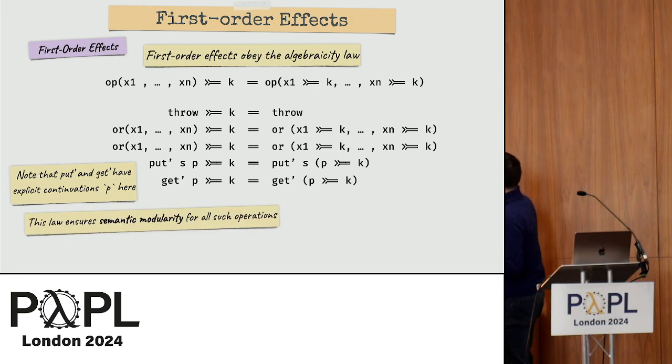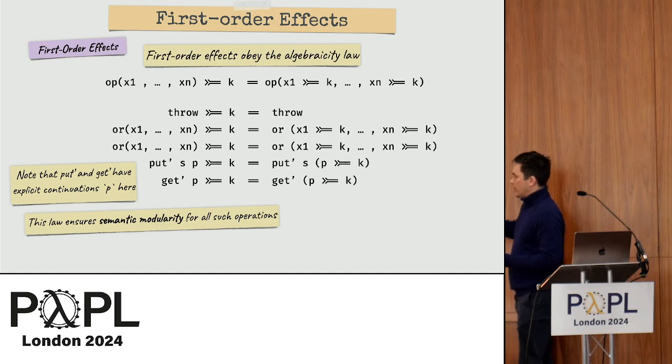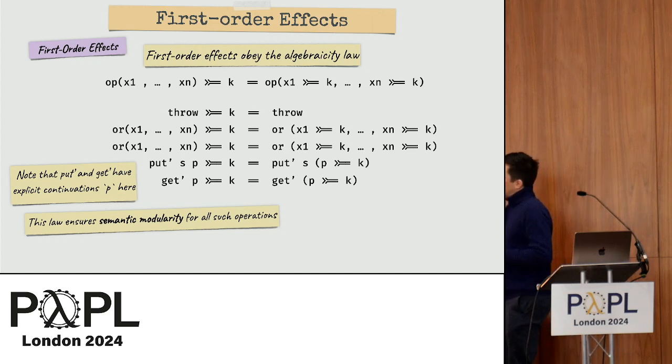These laws, or the algebraicity law, ensure that semantic modularity exists for all such operations. So what I'm not showing you is the work about monad transformers and how they interact and how you can stack monads together. There's a thing in the Haskell community called the MTL library that uses that theory to allow you to reuse operations from lower down in the stack, higher up in the stack.